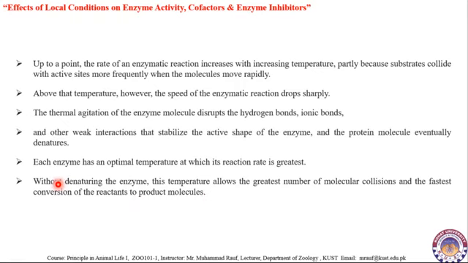So if the temperature is not at a point where it denatures the enzyme, then below that point the temperature increases the collision of the molecules and thus the conversion of the reactants into products, but there is a specific high limit, and beyond that point this increase backfires and it deteriorates the enzyme's shape.